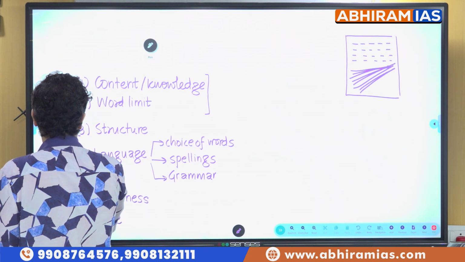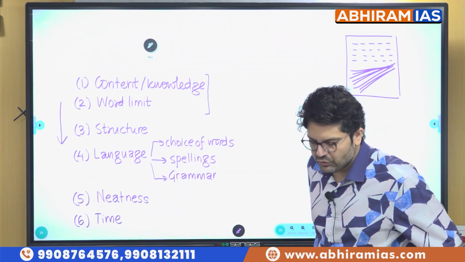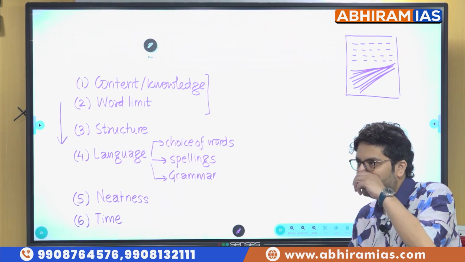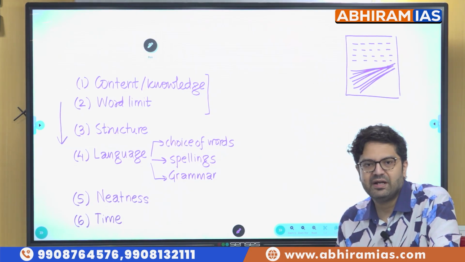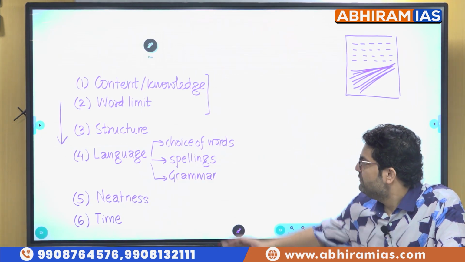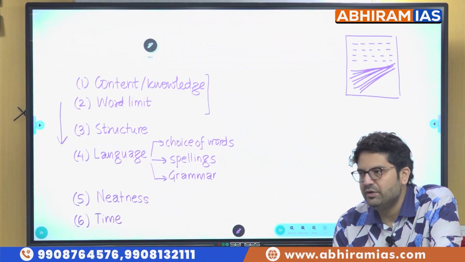Don't start with time. No. Your first answers are going to be very, very long, meaning time taking. You might take 45 minutes to write an answer. It's okay. No problem. If all these things fall into place, time will automatically fall into place.